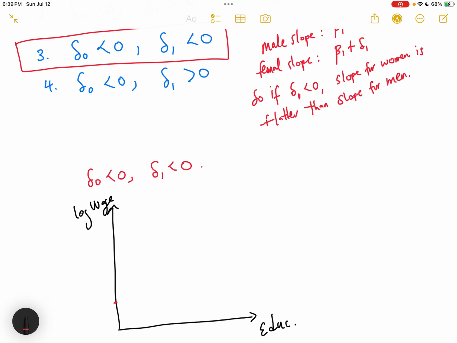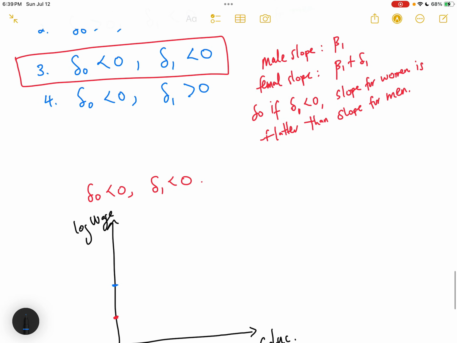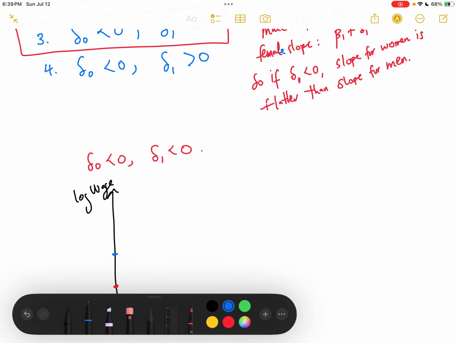So for females, I'll use red. For females, the intercept will be down here. And for males, I'll use blue. The intercept will be up here. All right, we are done with the intercept. And now the slope. The male slope is beta 1. The female slope is beta 1 plus delta 1. If delta 1 is negative, the slope for females is flatter than the slope for males.